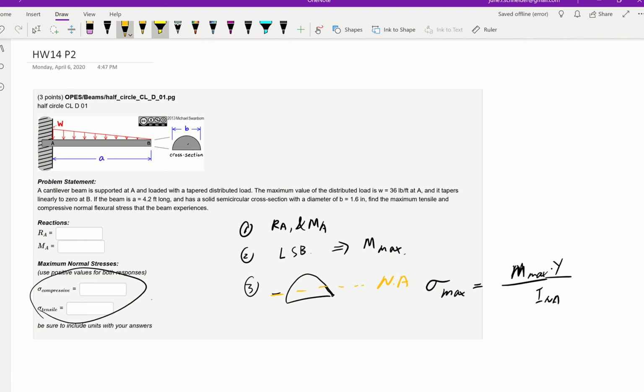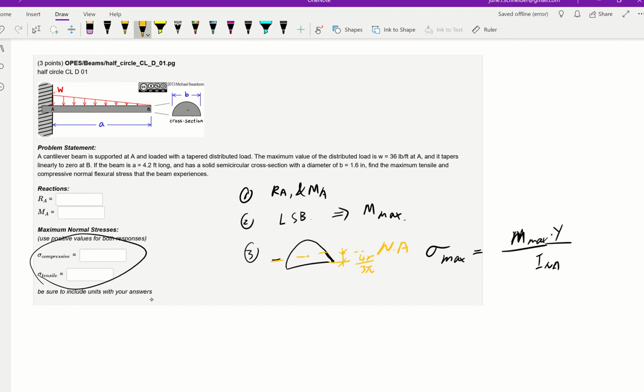And for this value here, we know from previous statics class, the centroid is how much above the base? 4R over 3 pi, right? And we also know the moment of inertia about its base, if we call this axis x.